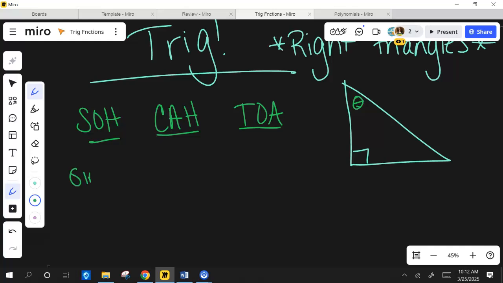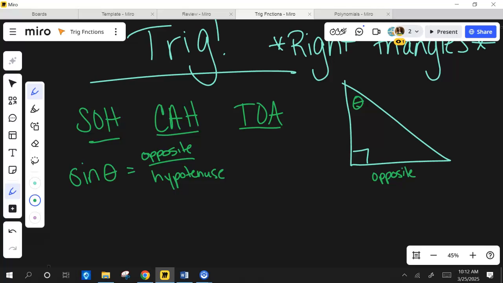The sine of theta is equal to the opposite side divided by the hypotenuse. That's where your sine comes from. So I need to define on my triangle which side is opposite and which is hypotenuse. If you're at your theta, your opposite side is the side that never touches the theta. So look directly across from it. This would be my opposite.